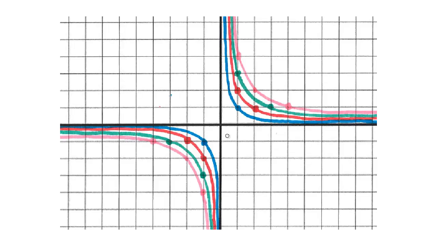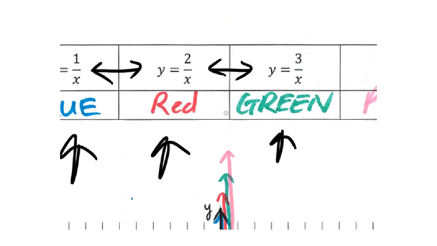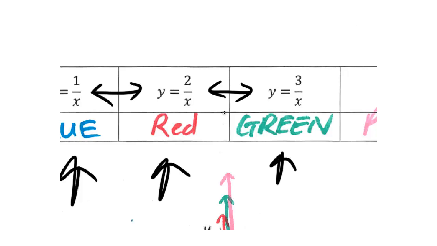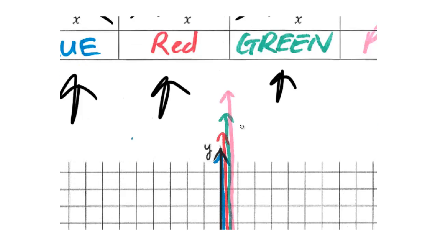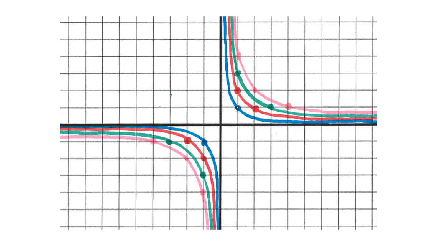Hopefully you paused the video and were working on graphing these, and I'm hoping you were able to figure out that each dot is a certain distance away from our new origin where the asymptotes cross. For the first one, that blue graph, 1 over x, our dot is 1 away. So it's 1 over, 1 up.